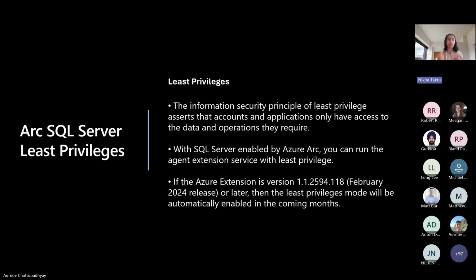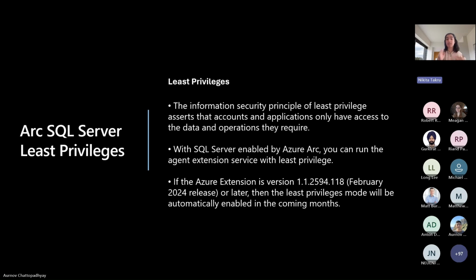And what's happening behind the scenes, in case you're wondering, is once you configure this agent extension service to run with least privileges, which we'll be automatically doing for you, it's going to use the NT Service SQL Server Extension Service account. And this is just a local Windows service account that's created and managed by the Azure extension for SQL Server when you're in that least privileges mode. And what it's doing is really granting the minimum required permissions and privileges to run this extension on the Windows operating system.